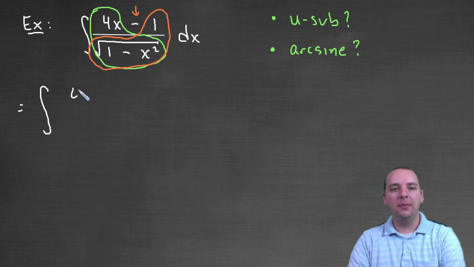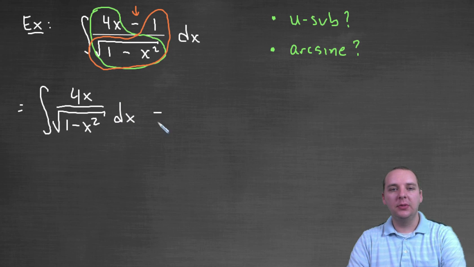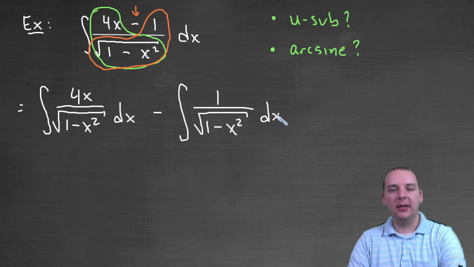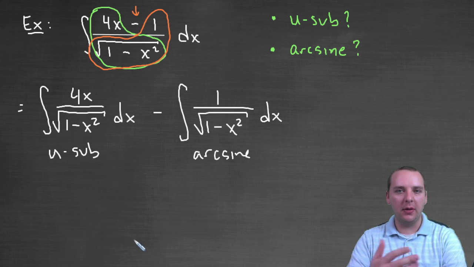The first one would be 4x divided by the square root of 1 minus x squared, and then minus, we'll separate this into a second integral of 1 over the square root of 1 minus x squared dx, where this guy will be a clear-cut u substitution integral, and this guy here will be a clear-cut arc sine type of integral.